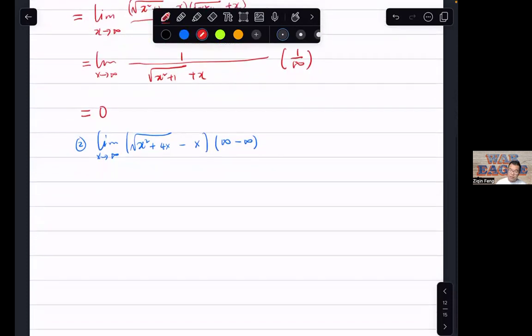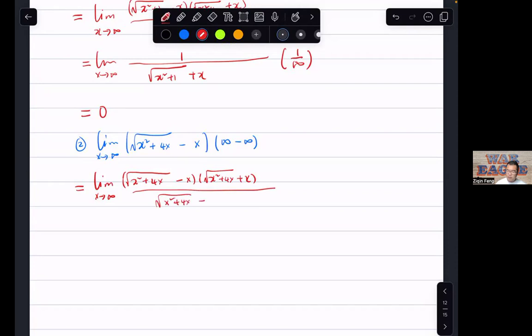think about the conjugate. So it's equal to, as x goes to infinity, the conjugate: square root of x squared plus 4x minus x, times square root of x squared plus 4x plus x, over square root of x squared plus 4x plus x.